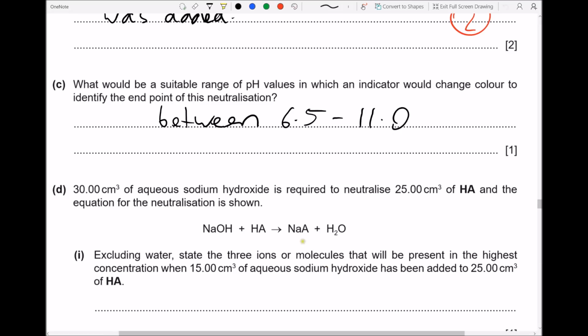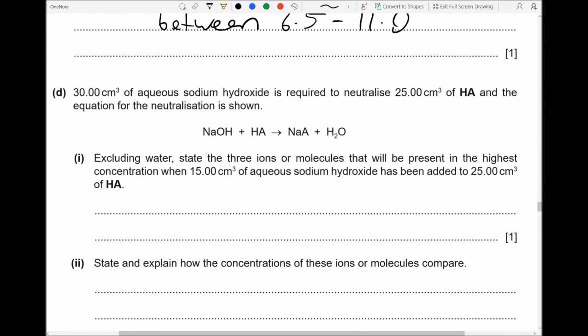So we'll have equal amounts of these. This will dissociate into Na plus and A minus, and we'll have an equal amount of HA as well. We do have water, but we're excluding that, so we don't need to worry about that. So the ions present are Na plus, A minus, and HA, because it's the half neutralization point.